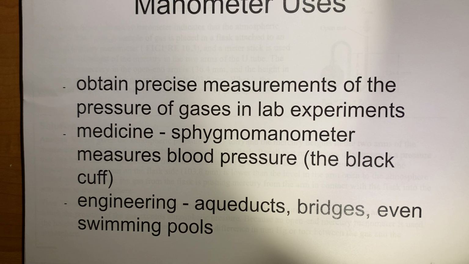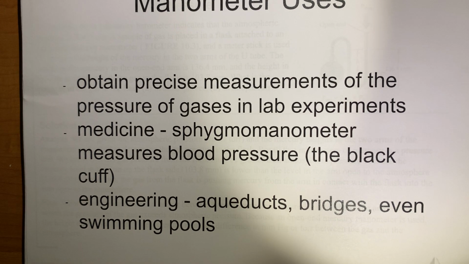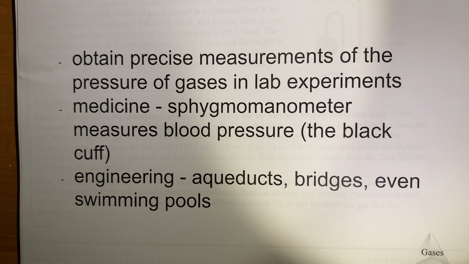So if you've ever been to your doctor's office and they've put that black cuff on there that seems to cut off all circulation to your arm, or if you've seen somebody who's had that done to them, that's a sphygmomanometer, and that measures pressure as well. In engineering, they have aqueducts, bridges, and even swimming pools that a lot of times will be used to measure the pressure of water that is being exerted onto the structure.